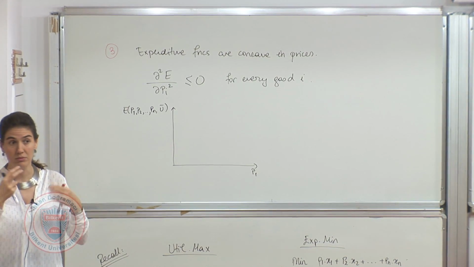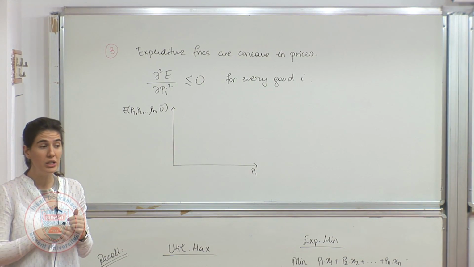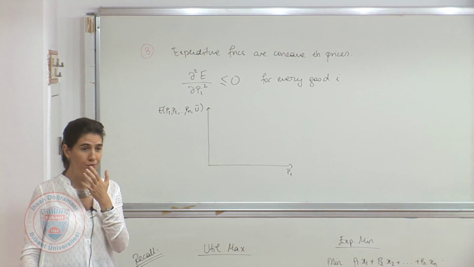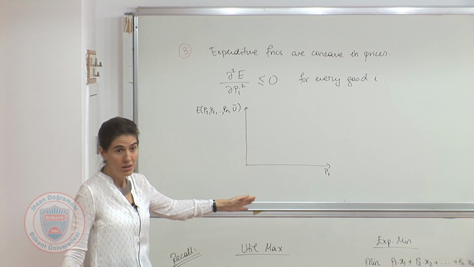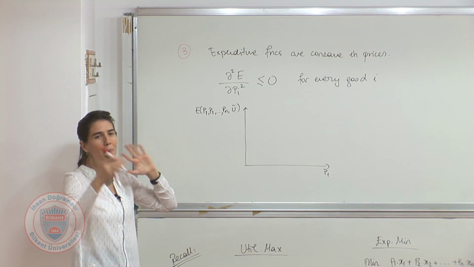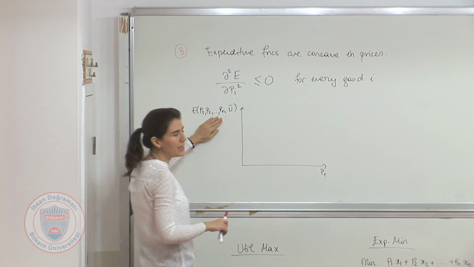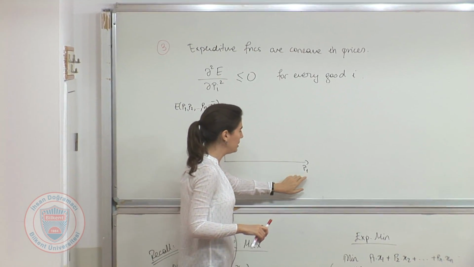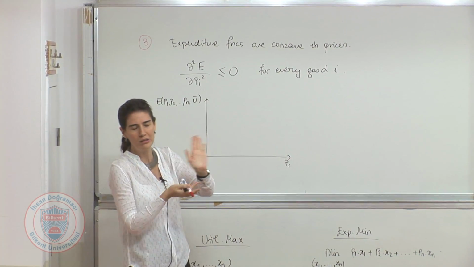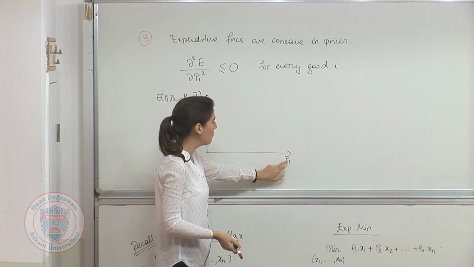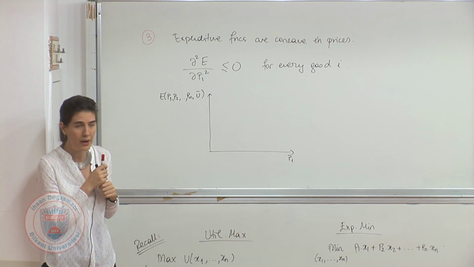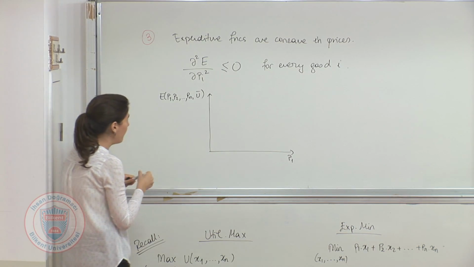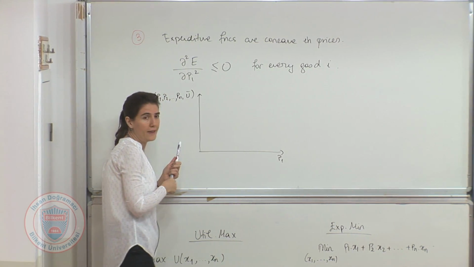Now, this expenditure function is of what dimension? N plus 1, right? But I'm plotting it in a two-dimensional representation because I want to see how this expenditure function changes as P1 changes, okay?